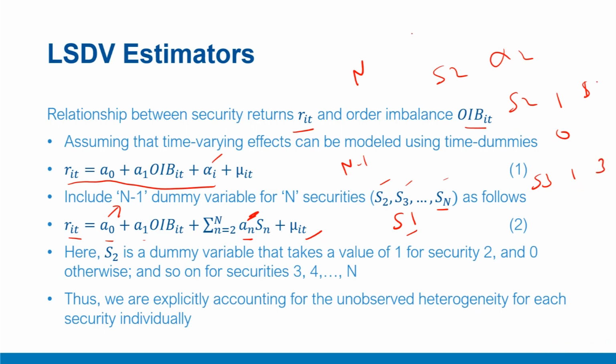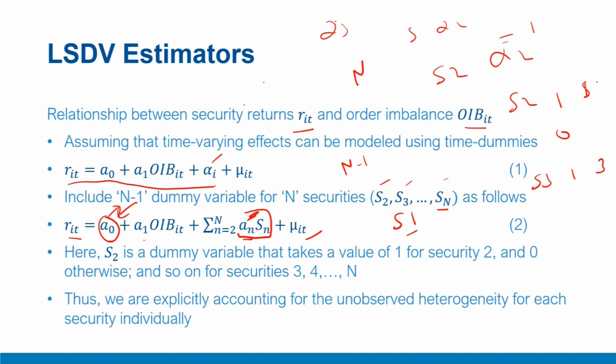The coefficient corresponding to S2, which is alpha 2, reflects the impact of this particular dummy variable or unobserved heterogeneity corresponding to security 2 on returns. Similarly, alpha 3 would represent the unobserved heterogeneity impact of security 3 on returns, and so on, while alpha naught here would account for the impact of unobserved heterogeneity corresponding to security 1, which is not here in this model but by design will get loaded here.